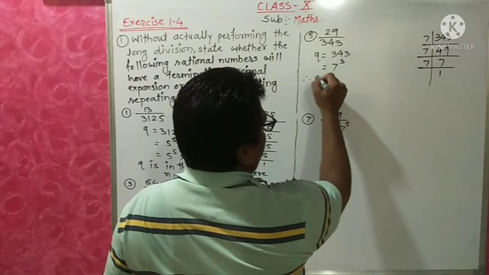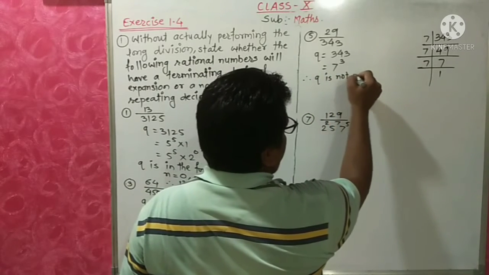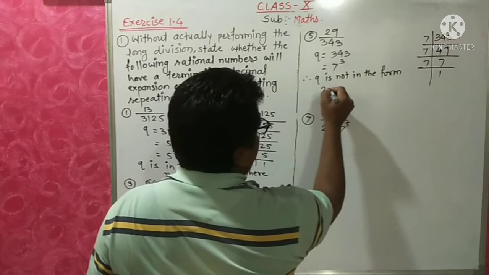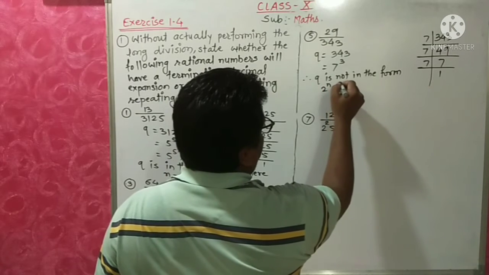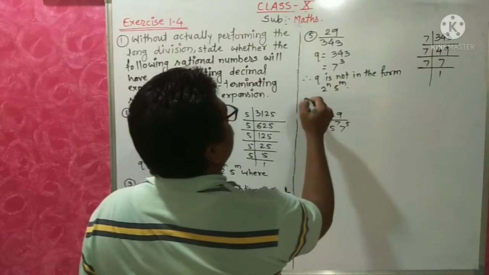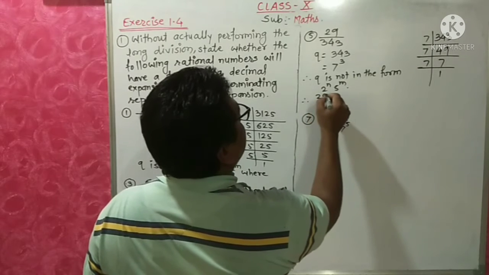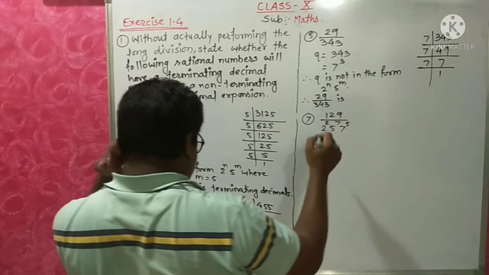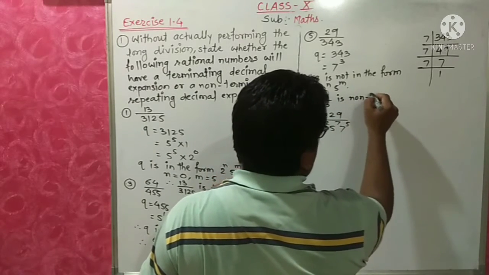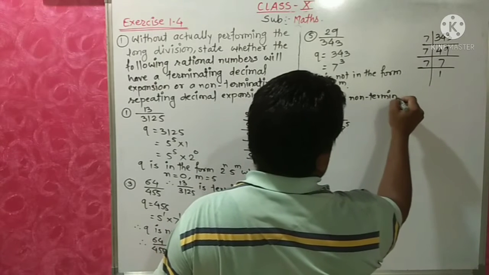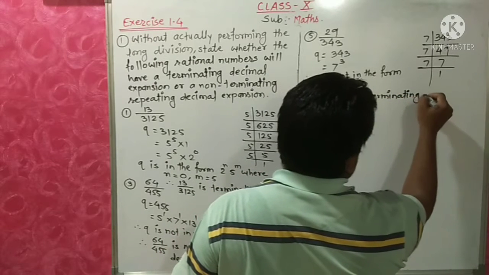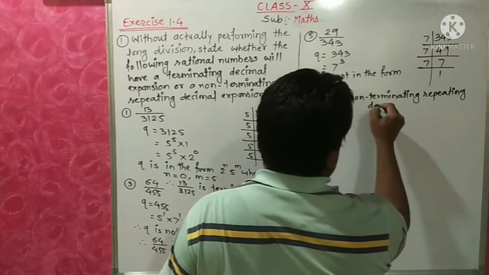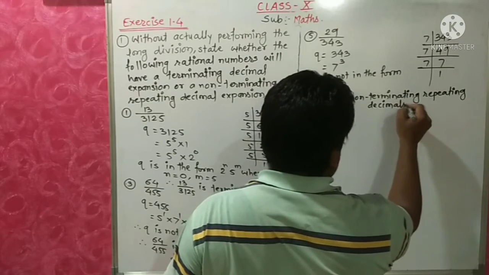Therefore Q is not in the form 2 raised to the power n, 5 raised to the power m. Therefore 29 by 343 is non-terminating repeating decimal expansion.